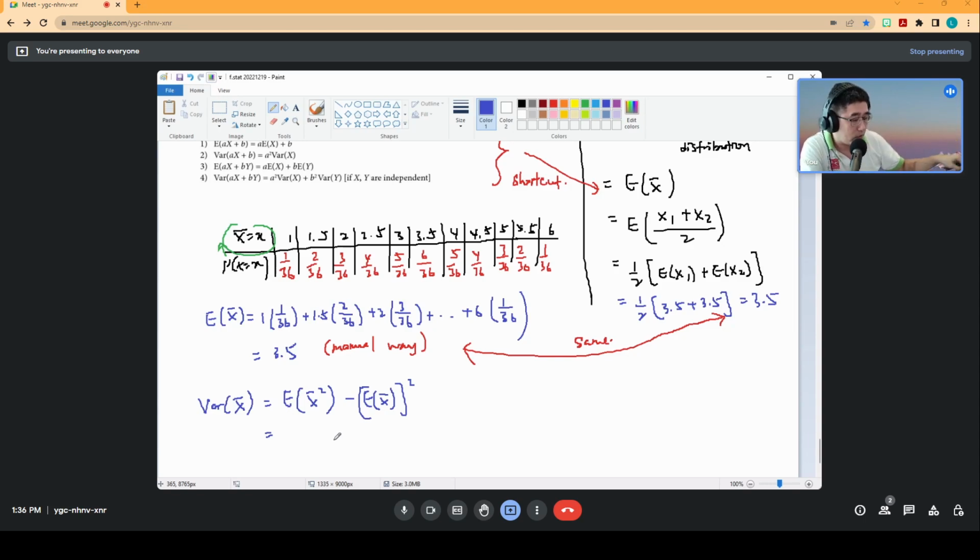So I key it into the calculator, options, one variable calculation. So I will have this value.